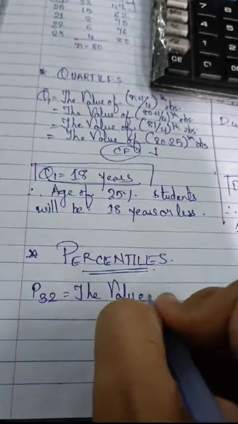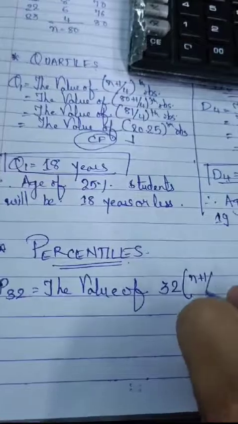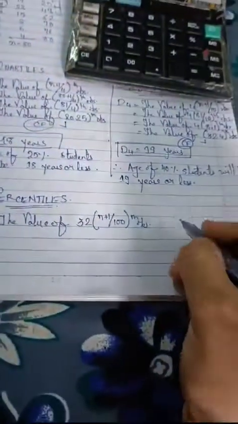the value of 32 into (n plus 1) divided by percentile means 100 observation.